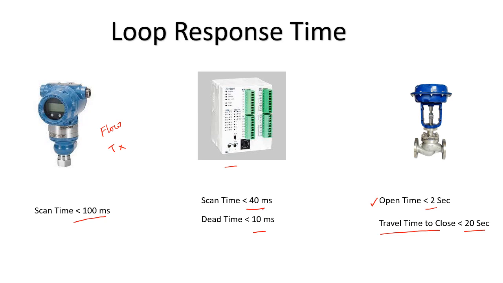Opening time is more crucial because the anti-surge control system avoids surging by opening the valve. So the more quickly you can open the valve, the more effectively it avoids surge, right?